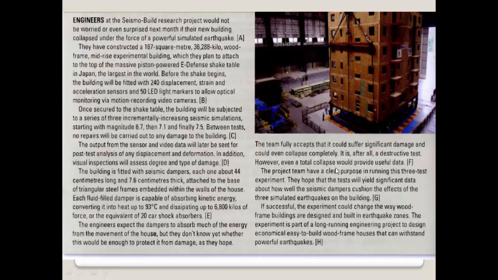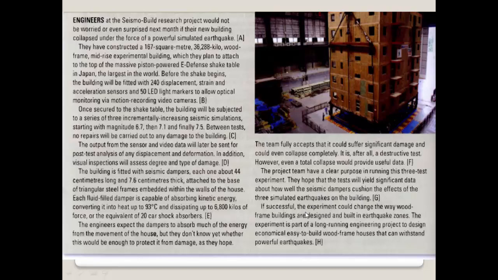However, even a total collapse would provide useful data. The project team have a clear purpose in running these 3 test experiments. They hope that the tests will yield significant data about how well the seismic dampers cushion the effect of the 3 simulated earthquakes on the building.